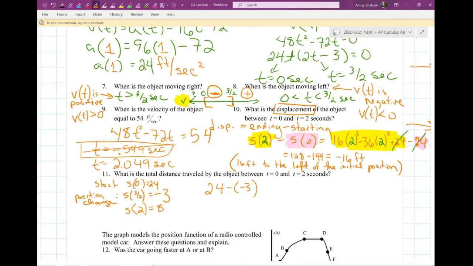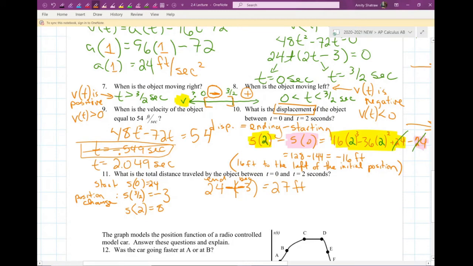You say, okay, I went a distance of 24 and then a distance of 3, so altogether that should be 27. Mathematically, the way we write this is that we are subtracting the beginning from the end. And so I get the negative of a negative, and that turns into a big fat positive. So that's how I end up with 27 feet.